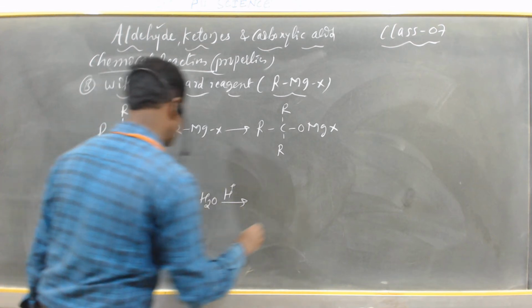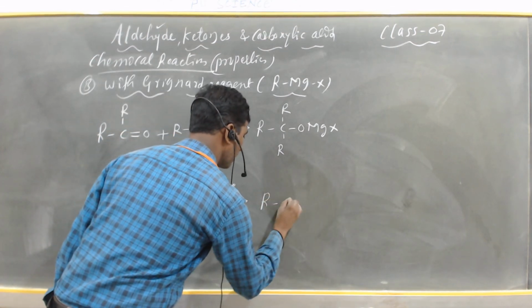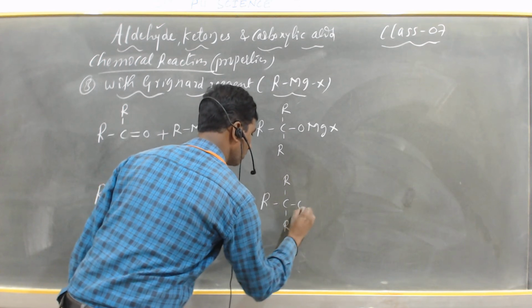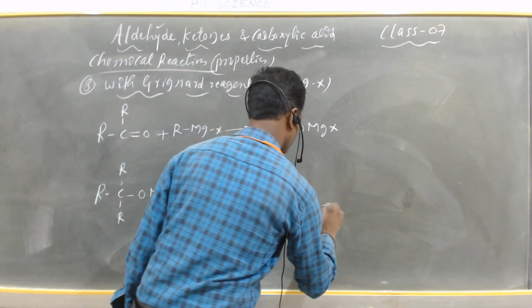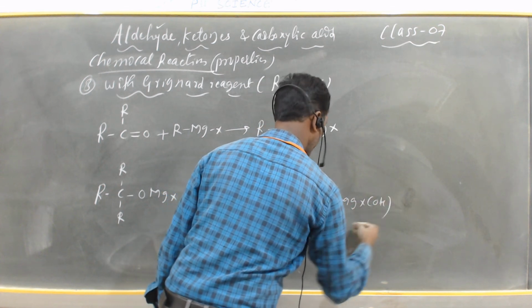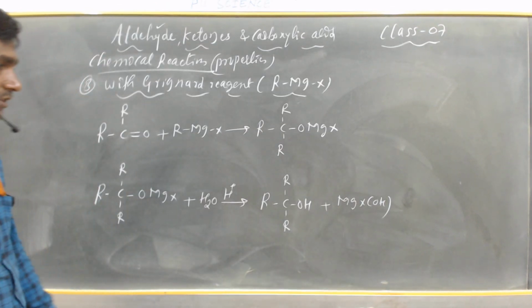On acid hydrolysis, what does it give? R, C, R with R and OH, plus MgX OH.